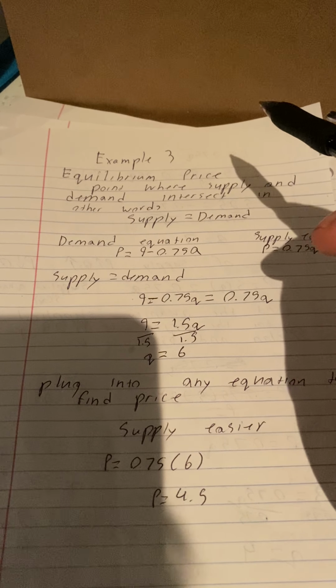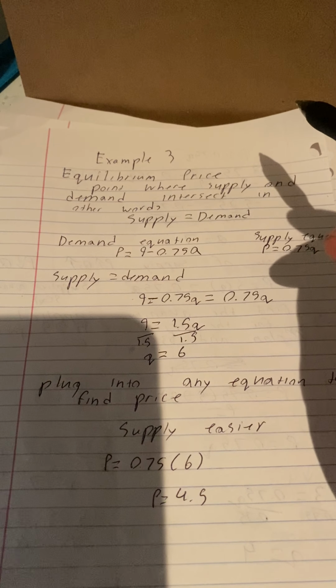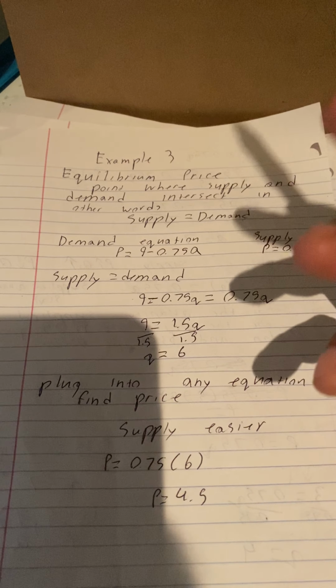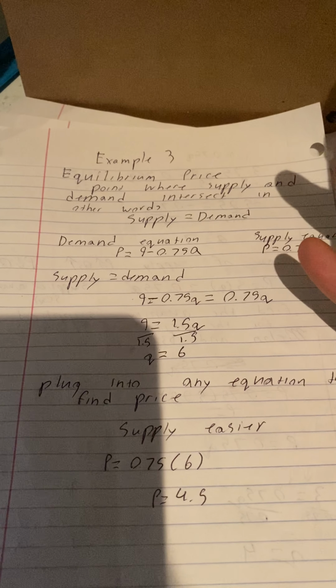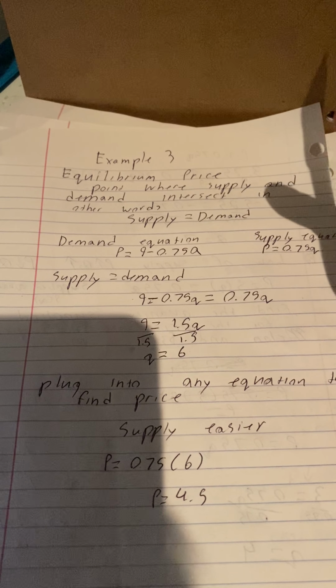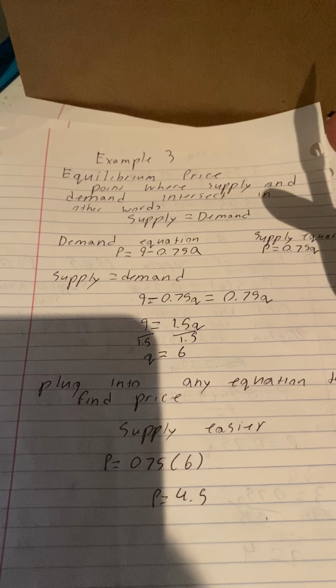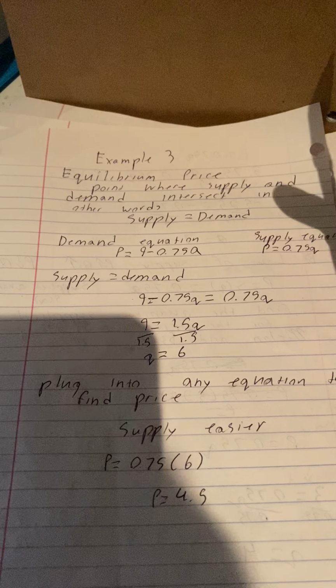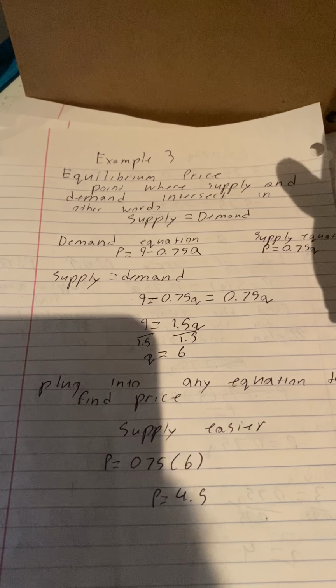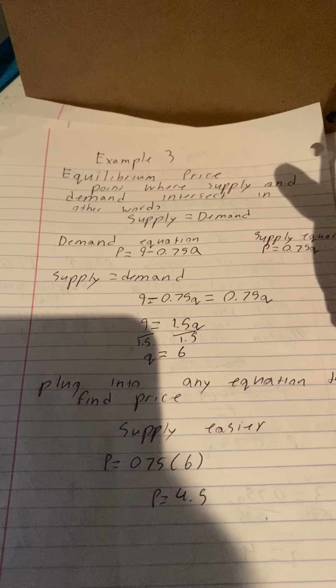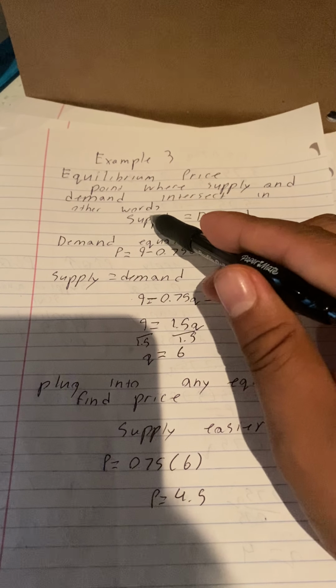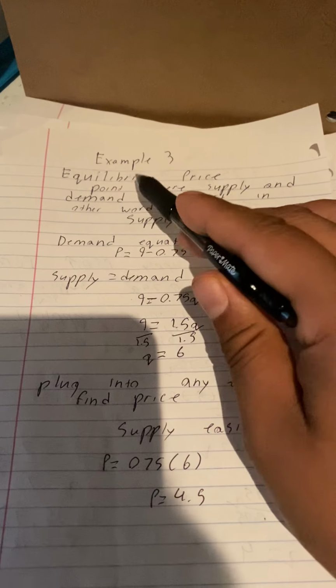Now, the way to solve this question is we have to expand our way of thinking and apply what we learned from supply and demand to example 2. It's a little complicated, but what I mean is we know supply equals demand. That's the equilibrium price.